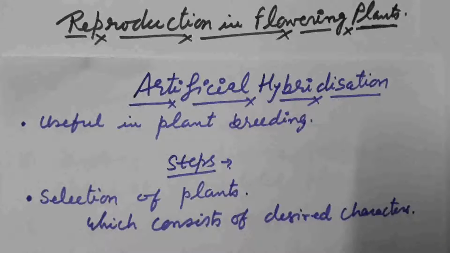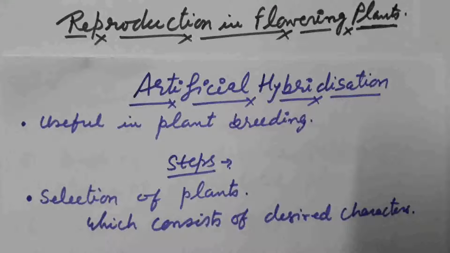What we do in artificial hybridization is that only the desired pollen grains are used for pollination, and the stigma is protected from contamination by unwanted pollen.